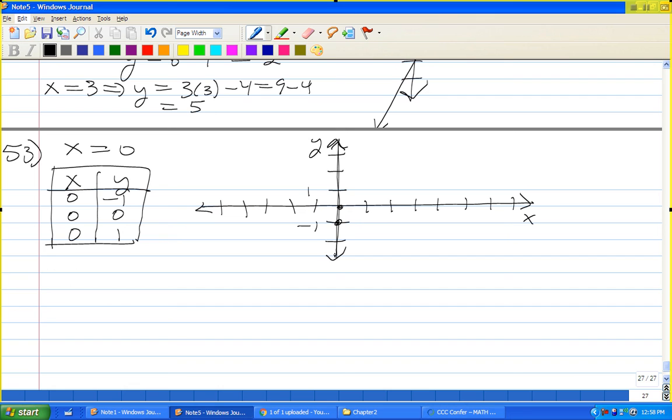This is my line. So this is the line of x equaling 0, the y-axis. It's a vertical line.